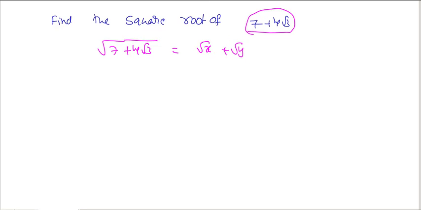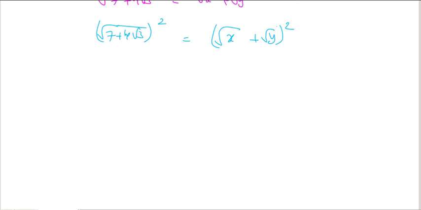So on applying squaring on both sides, I can write 7 plus 4 root 3 the whole square as under root x plus under root y the whole square. Square and square root both get cancelled. 7 plus 4 root 3 can be written as x plus y plus 2 root xy.